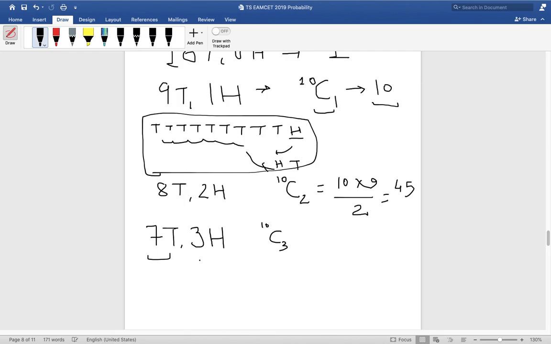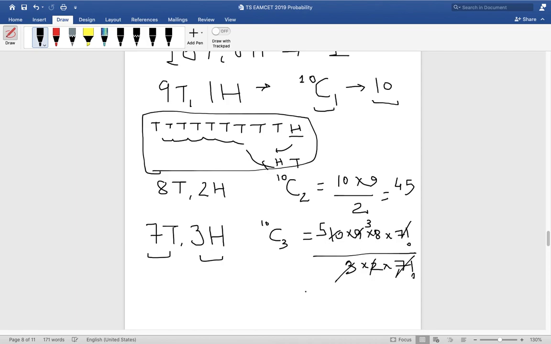You can get 7 tails and 3 heads in 10C3 ways, which is 10 times 9 times 8 times 7 factorial divided by 3 factorial, which is 3 times 2, and 7 factorial, which will be cancelled. So 2 times 5 is 5, get 3 here. 5 times 8 is 40, 40 times 3 is 120. So 7 tails and 3 heads, 120 ways.